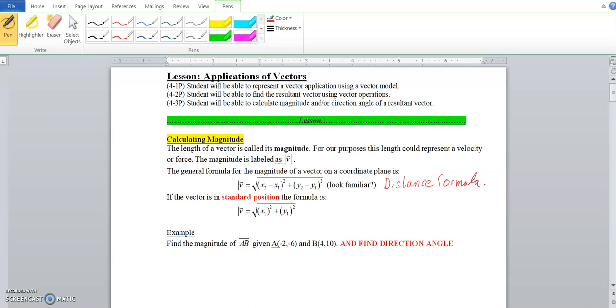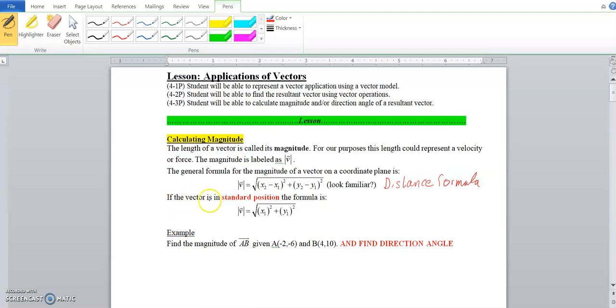And what we're doing with x2 minus x1 and y2 minus y1 is how we got any vector in any position to the standard position, where the start of the vector is 0, 0.